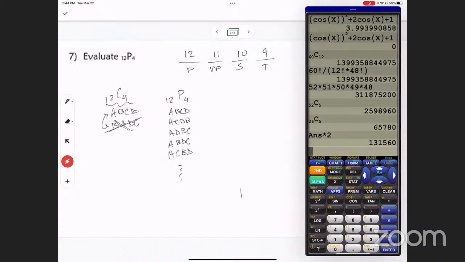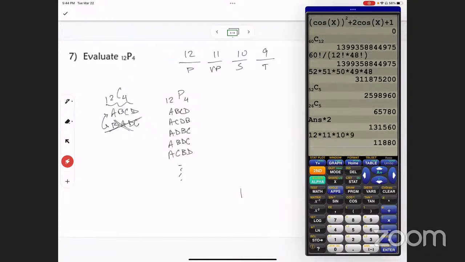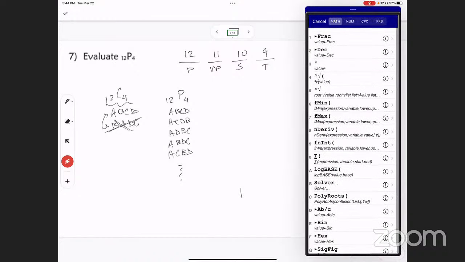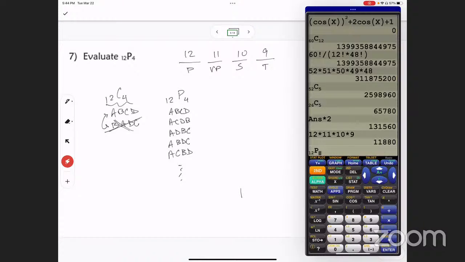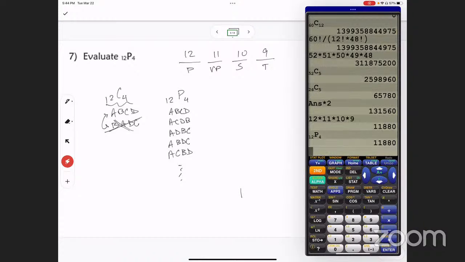So that I'm pretty sure works. So let's see if it does. 12 times 11 times 10 times 9 is that. And if you did the permutation trick, if you said 12 permute 4, yeah, you get that same answer.